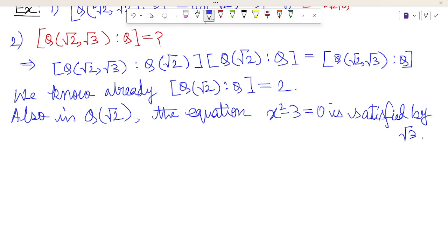Yes, because in Q it is satisfied. So the coefficients coming from Q, I can treat it as coefficients of Q root 2, because Q root 2 already contains Q, a bigger set.